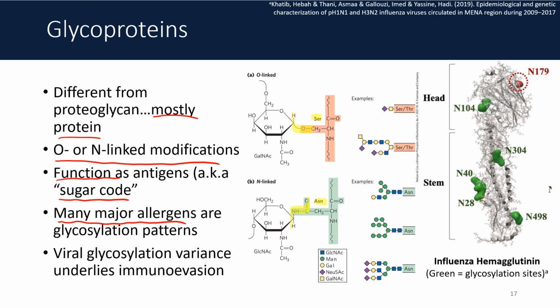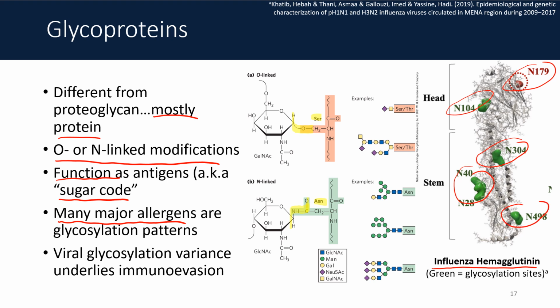What's also interesting, in my opinion, are viral glycoproteins, because they actually use glycosylation groups as a strategy to evade the immune system. That's why we need a flu shot every year. In this influenza hemagglutinin protein, there are multiple glycosylation sites that are shown in green.